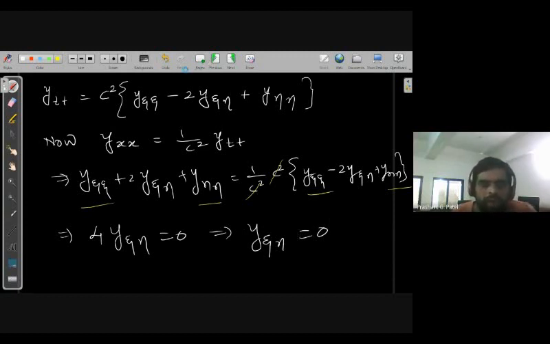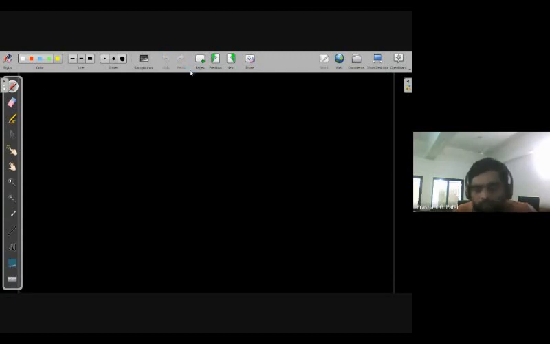So now we have y xi eta equal to 0. The ultimate question is what will be the solution for this one-dimensional wave equation. This is the canonical form.